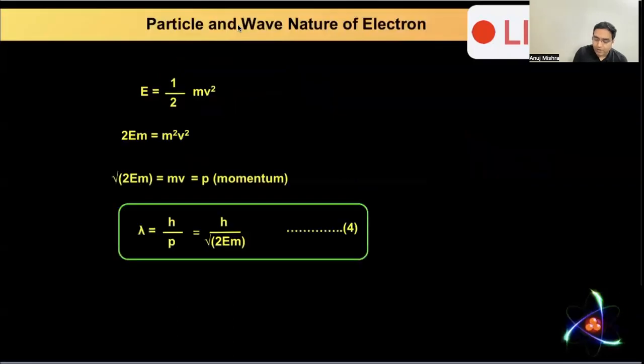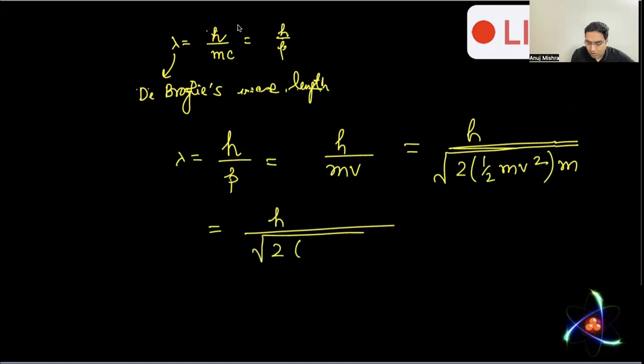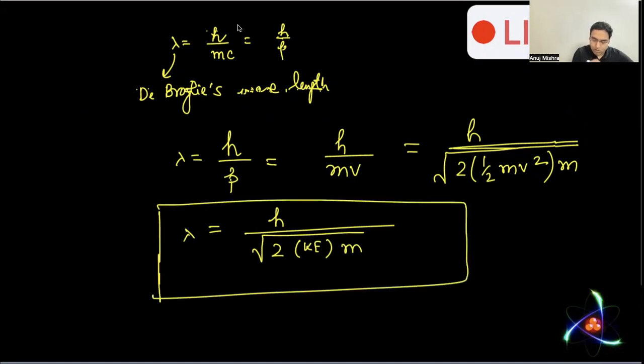This is MV square, and we can keep one more M here just to make sure that the whole thing is same. So can you see that this whole thing is written as kinetic energy? Lambda is H upon root 2 KE into M. कर पाओगे? पूरे फॉर्मूला समझ में आता है बच्चे?